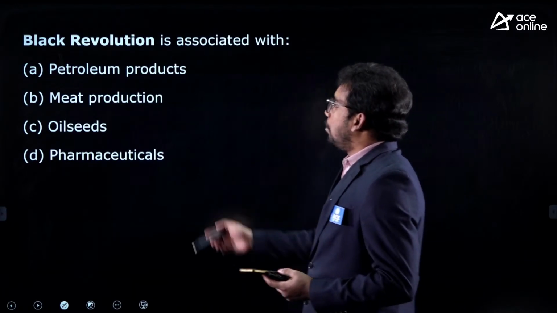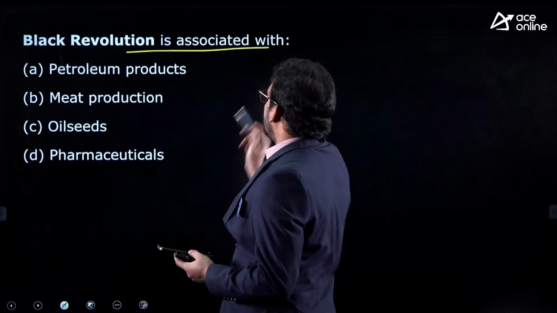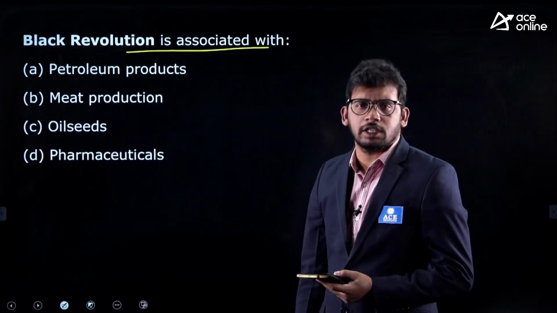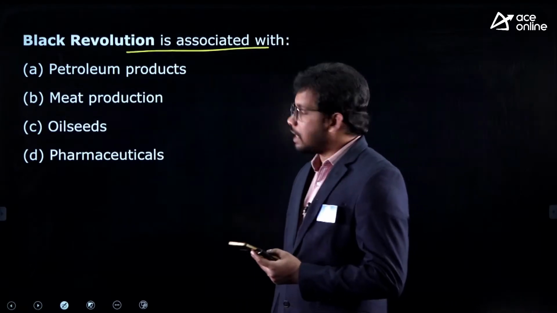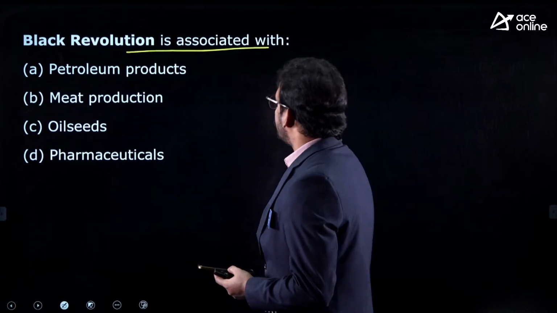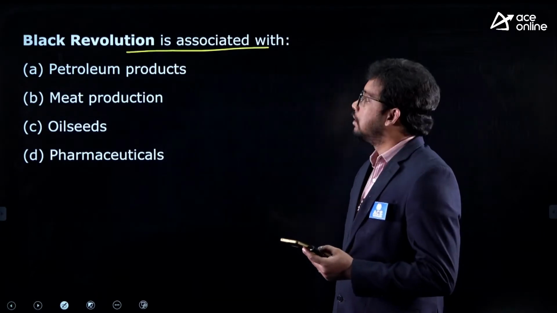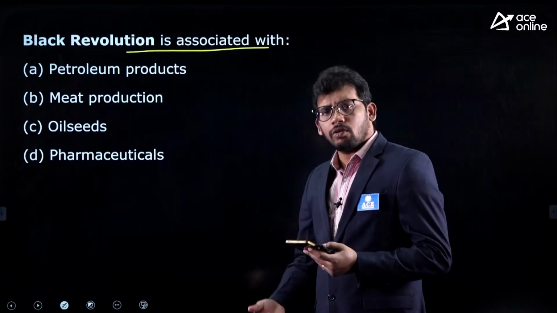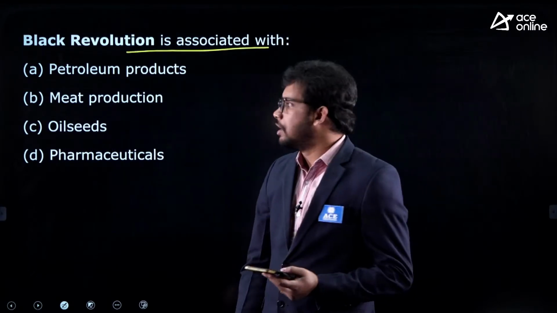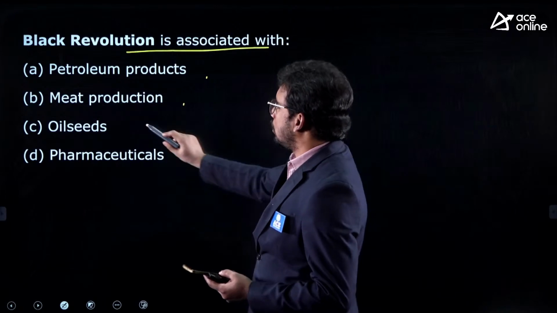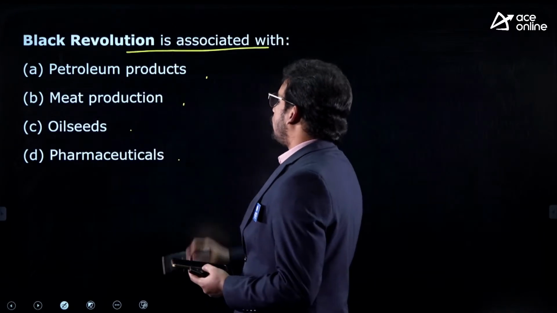Next one, black revolution is associated with. We have different types of revolution in agriculture, right? So now they are asking about the black revolution. Green revolution, for example, is agriculture. Now specifically they are asking: petroleum products, meat production, oil seeds, pharmaceuticals.